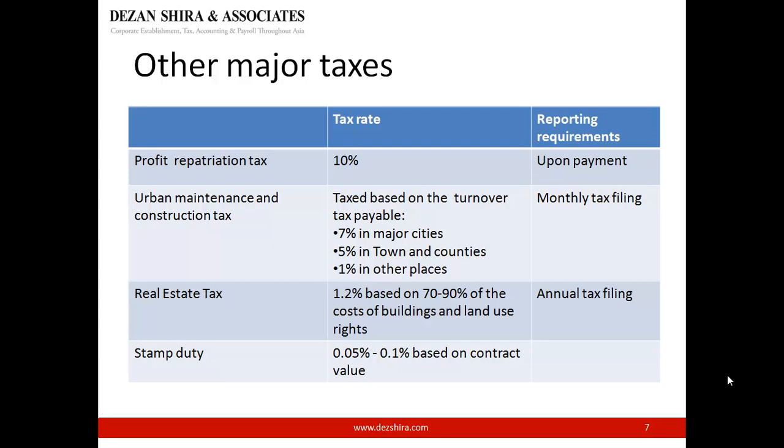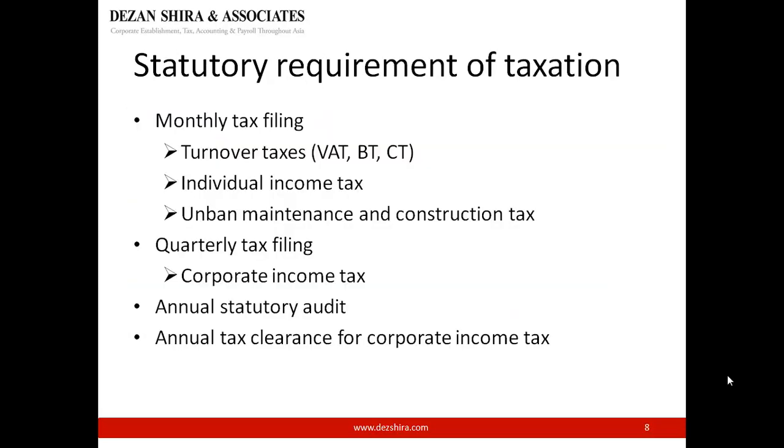Let's just review the status of these taxes and make sure you know how to do taxation in China. First of all, you need to do monthly tax filing for foreign taxes, like turnover taxes, individual income taxes, and the construction taxes. And also, you need to report corporate income tax each quarter.